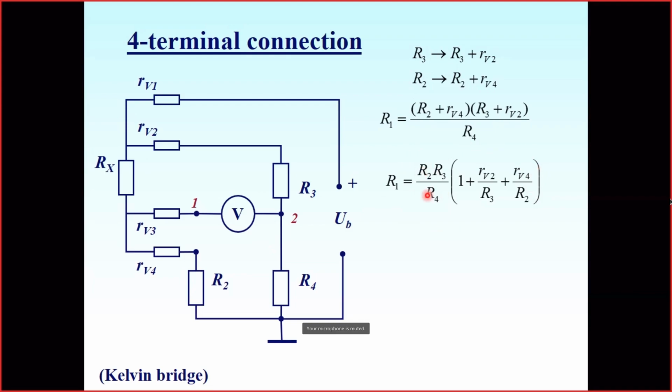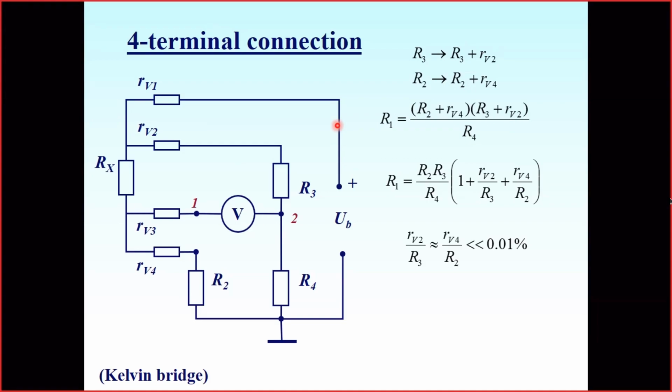So this part, R1 equal to R2 R3 divided by R4, if I don't look at the part in parentheses, is equal to the original balance equation of the bridge, but it's a little bit distorted. Here is a distortion related to the existence of the wire resistances RV1, RV2 and RV4.